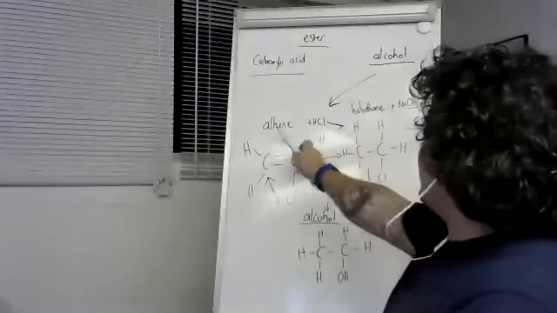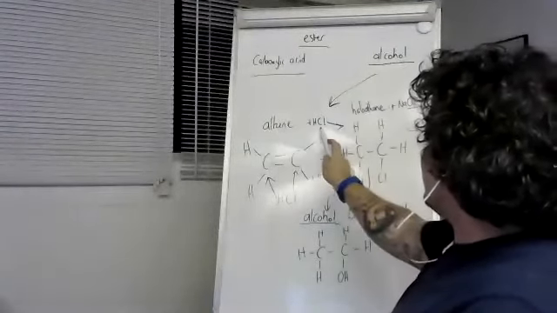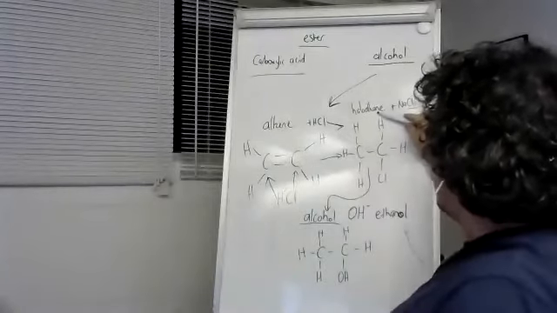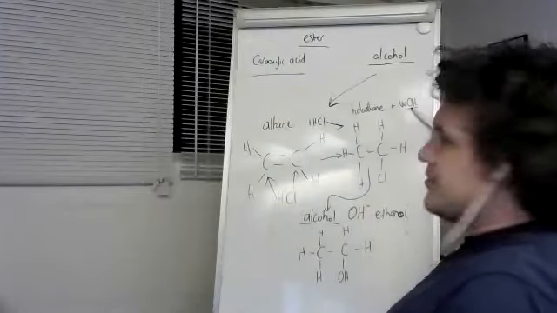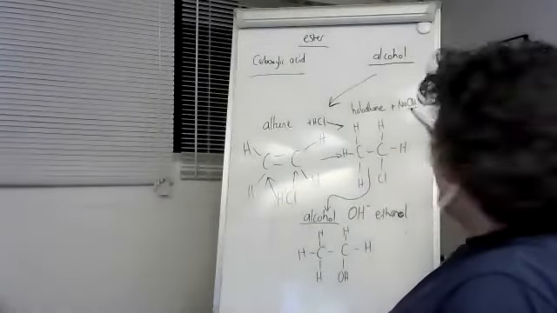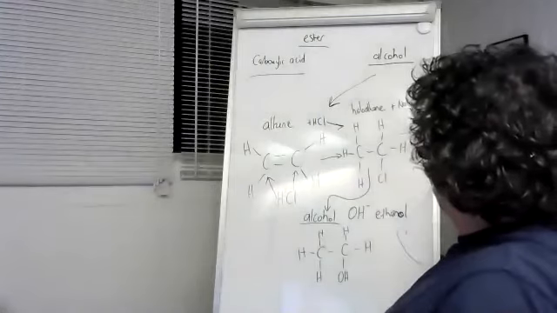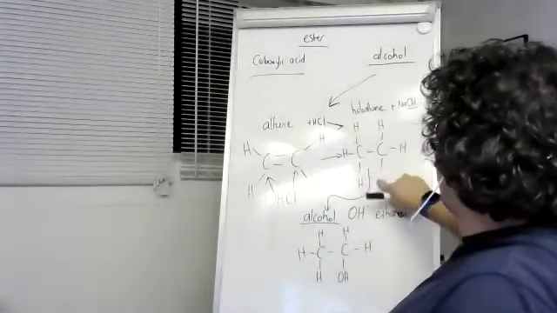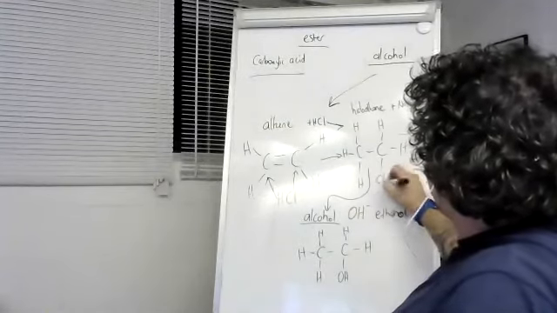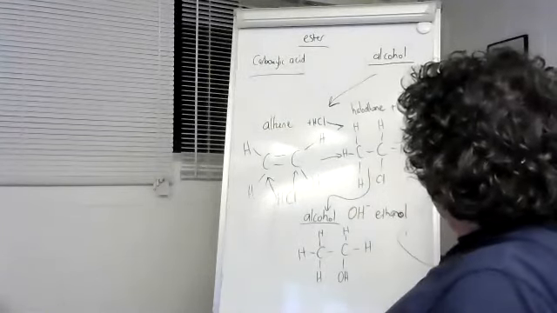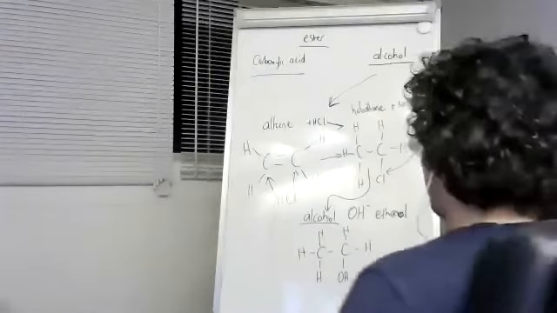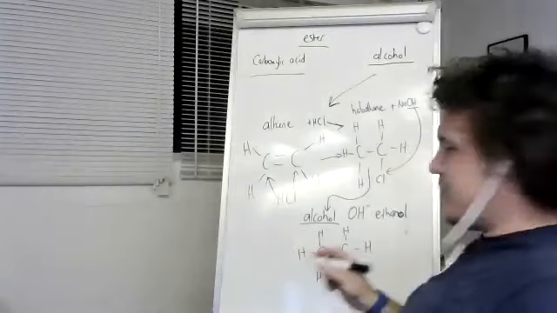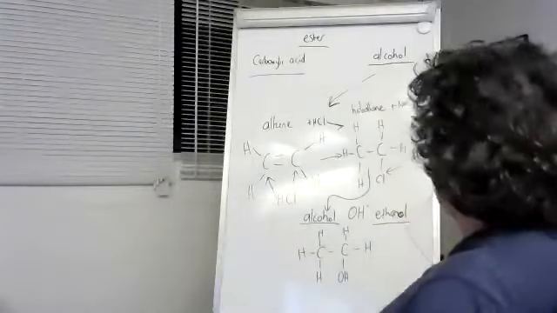So alkene plus hydrochloric acid gives us a haloalkane. We add sodium hydroxide to our haloalkane. The Cl group here, chlorine, is attacked by the OH group. OH kicks the chlorine off. We now have ethanol.